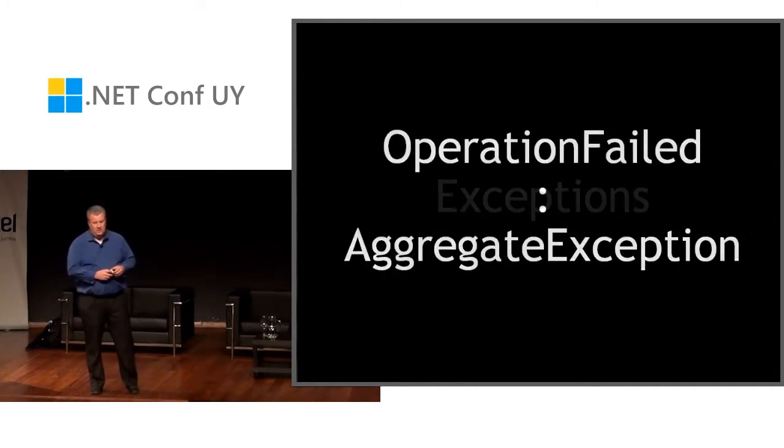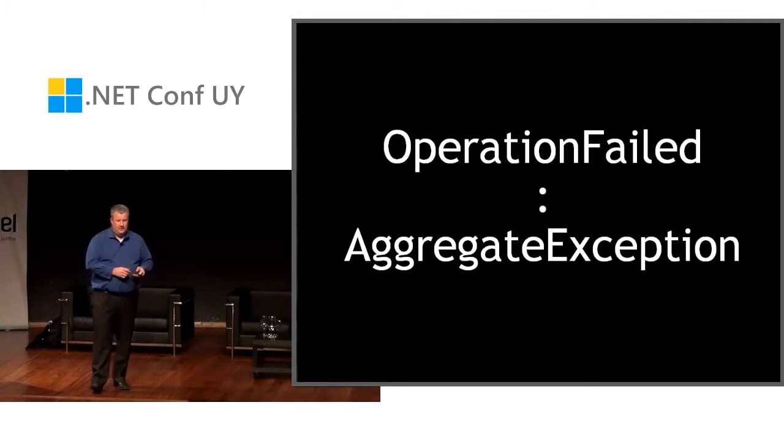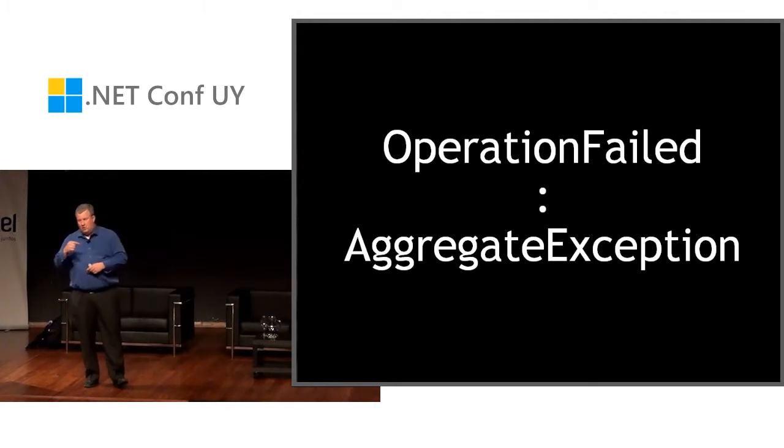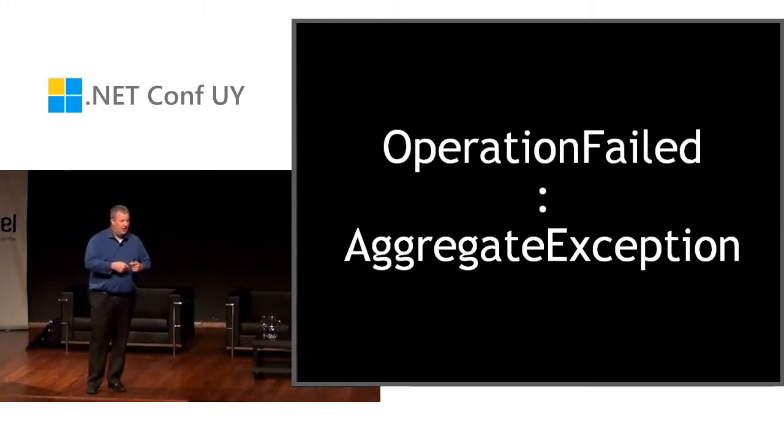There are three of them that are really used, but two are the big ones. The first is the operation failed exception, and it's an aggregate exception. So this is when you try 5 times, or whatever number of times you try, and you get a failure on each one. You have it as an aggregate exception because you want to capture every one of those errors. It might not error for the same reason.